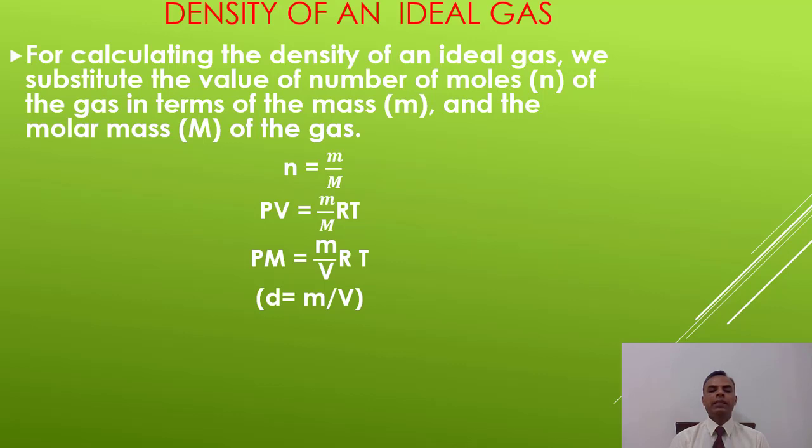If we replace this with density, then the equation becomes PM is equal to dRT. Then d becomes equal to PM over RT. That is the equation: d is equal to PM over RT.